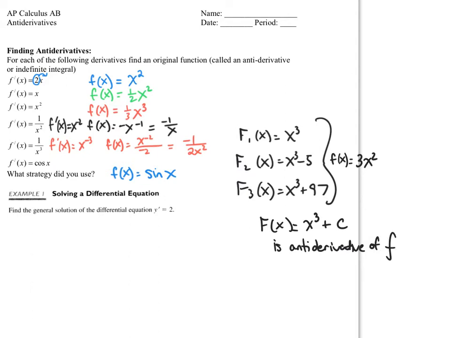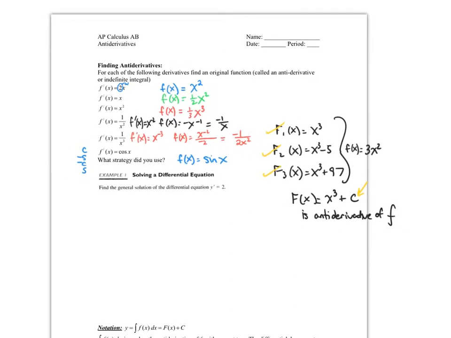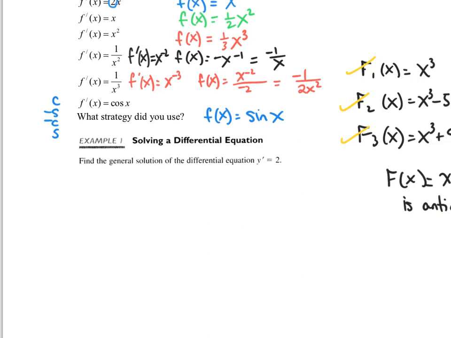That c, that constant, is going to make it true for each one of these cases. Okay? So over here, in general, we could say if y prime is equal to 2, I can say y is equal to 2x plus c. You want to have a constant for each and every time you do that.